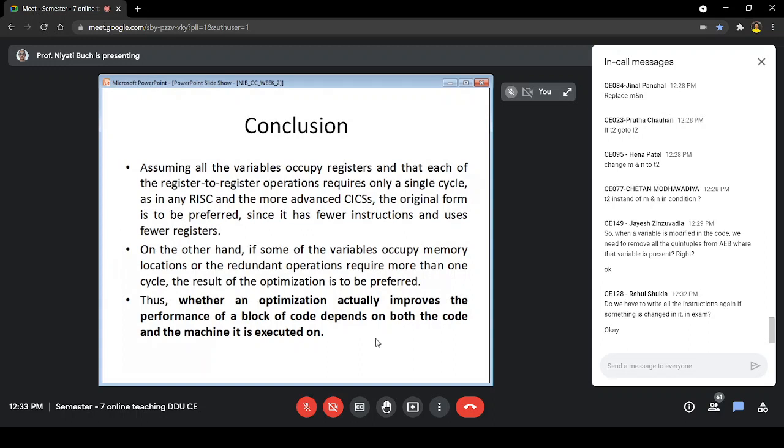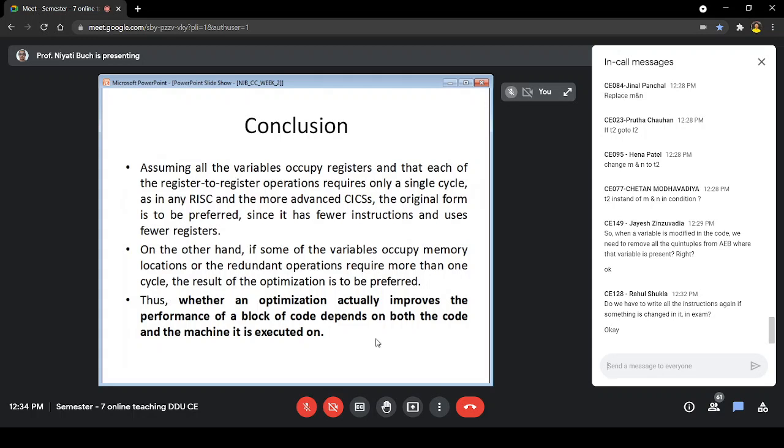Now, assuming that all the variables occupy registers and each register-to-register operation requires only a single cycle, like in any RISC or more advanced machine, the original form is to be preferred, because there are fewer instructions and we will be using fewer registers.